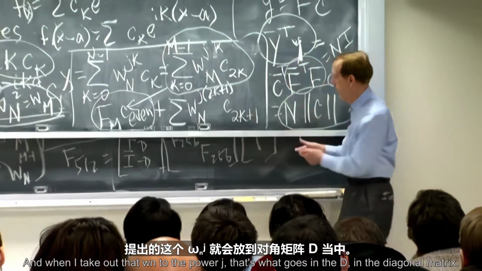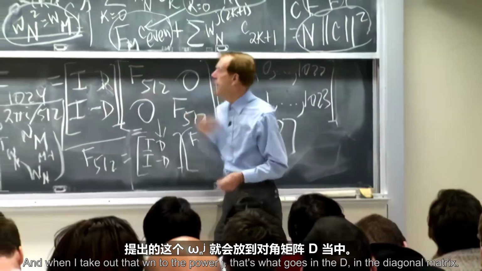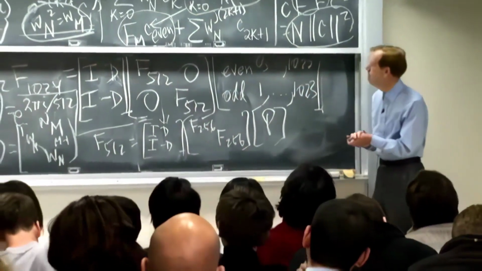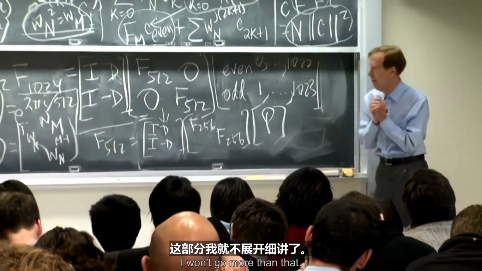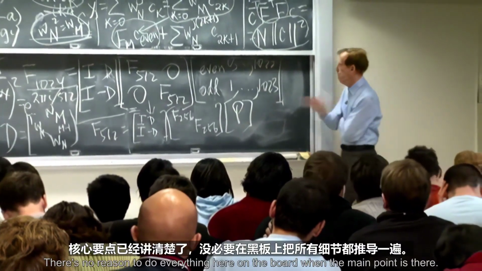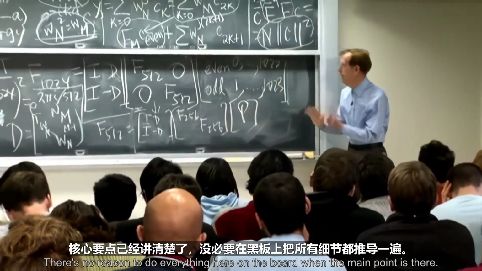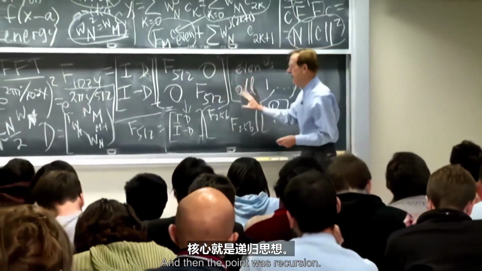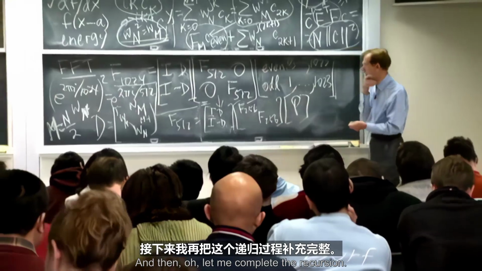And when I take out that W_n to the power j, that's what goes in the D, the diagonal matrix. I won't go more than that. There's no reason to do everything here on the board when the main point is there, and the point was recursion, so let me complete the recursion.